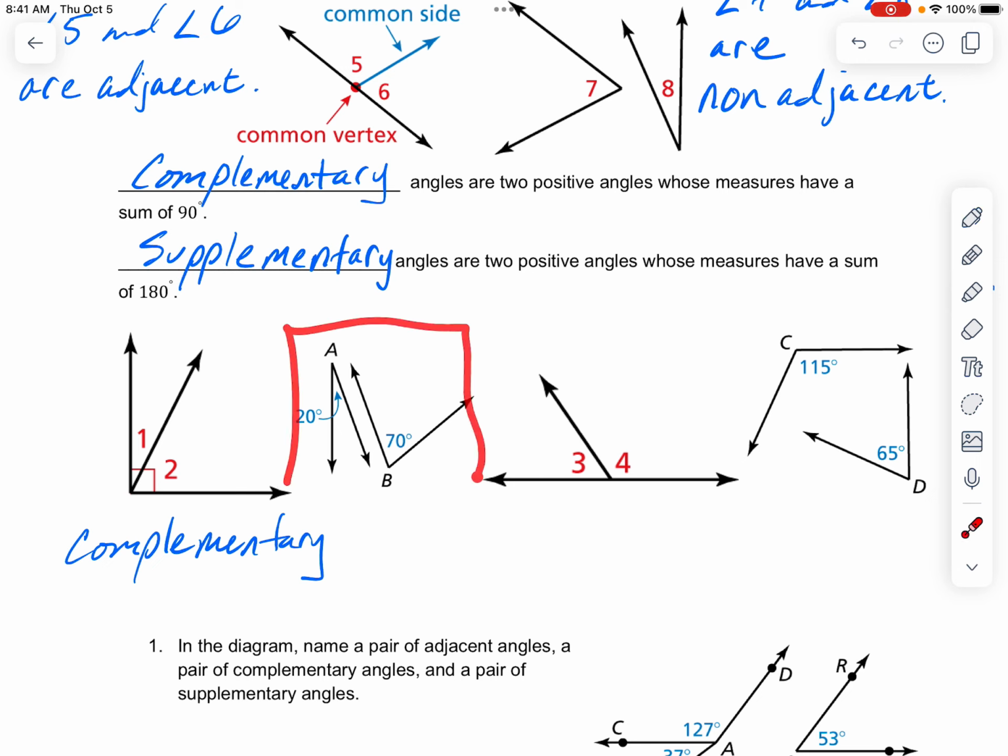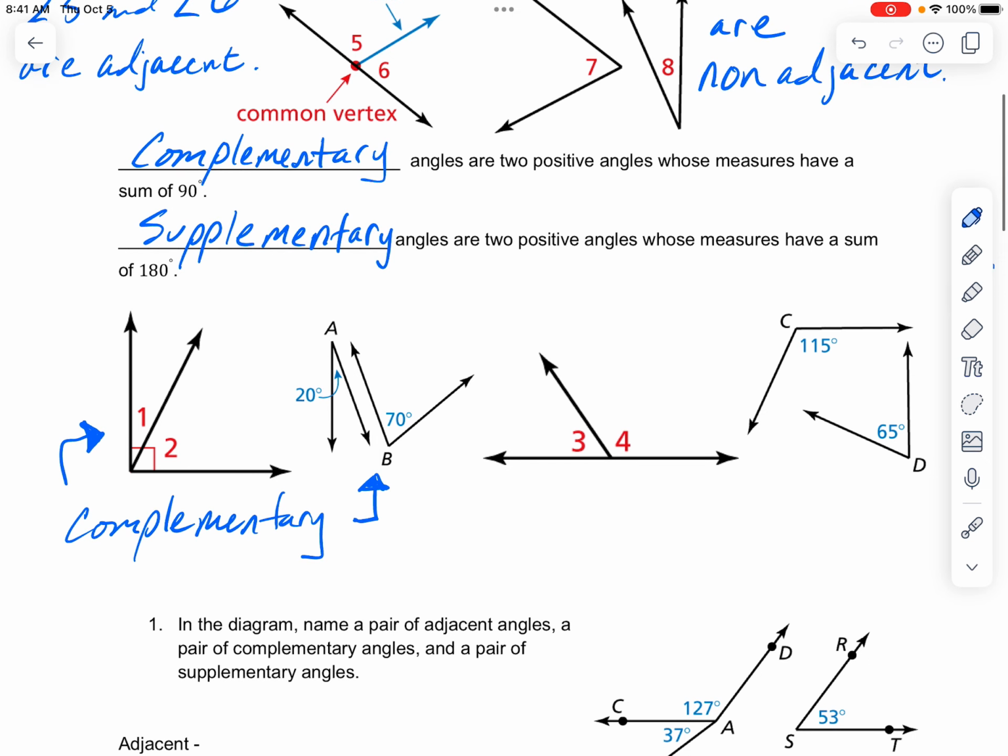Second image, angles A and B, they add up to 90, but this can cause some confusion because they're not connected. They're not adjacent angles. They are still complementary. Complementary is any two angles that add up to 90, whether they are adjacent or not. So 1 and 2, we would say, are adjacent and complementary. Angles A and B are complementary but non-adjacent.